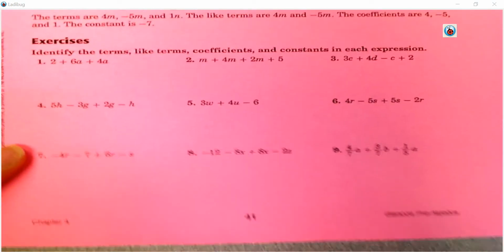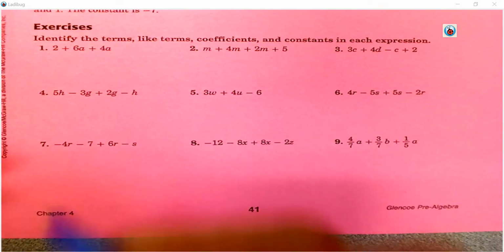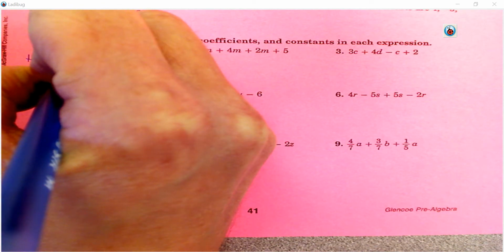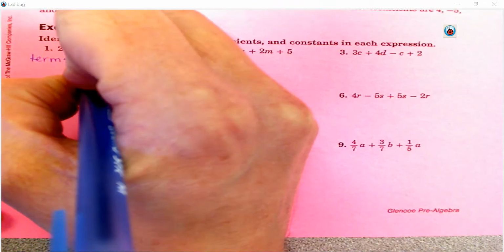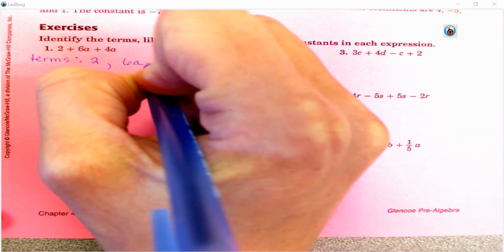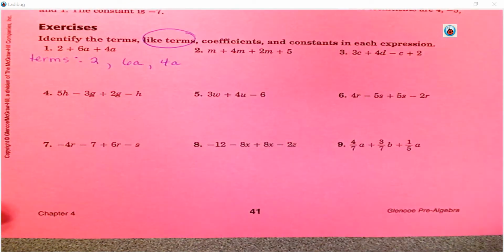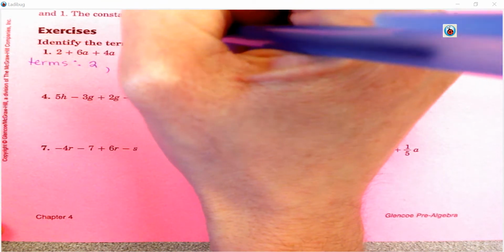So what we're going to do here is list out terms, like terms, coefficients, and constants for each. If I were to list my terms, they're separated by addition and subtraction signs. I have 2, I have 6a, and I have 4a. For like terms, I just want you to circle or box in the like terms.